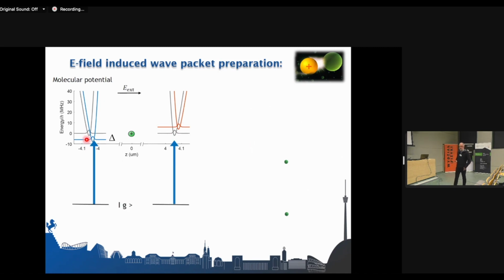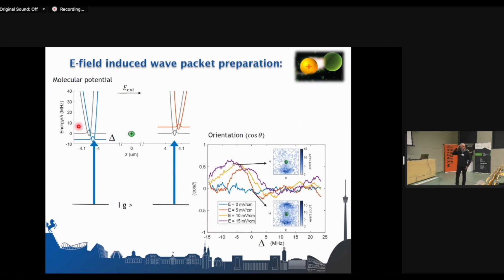So if you now excite with a fixed detuning, delta here, you can arrange the excitation such that you only excite on the left side, which is resulting in what is called in molecular physics an orientation. So as a function of the detuning, you can plot that orientation, which means in real space, the excitation of Rydberg atoms now happens only on one side of the ion and not on the other side.